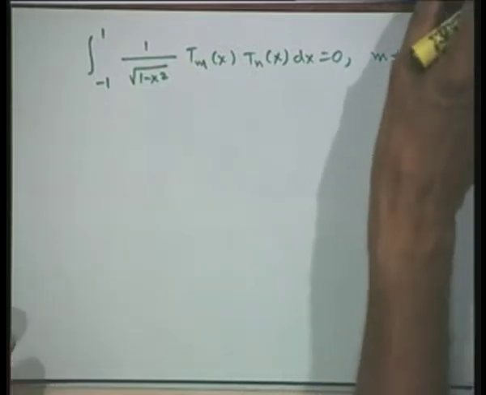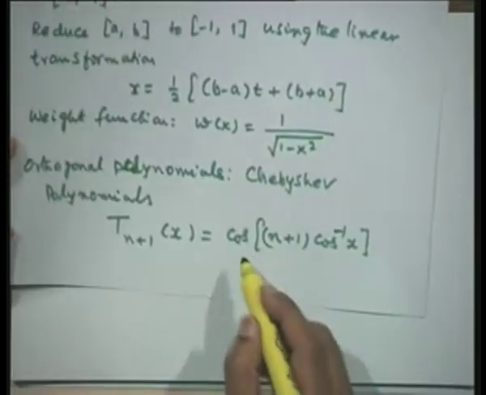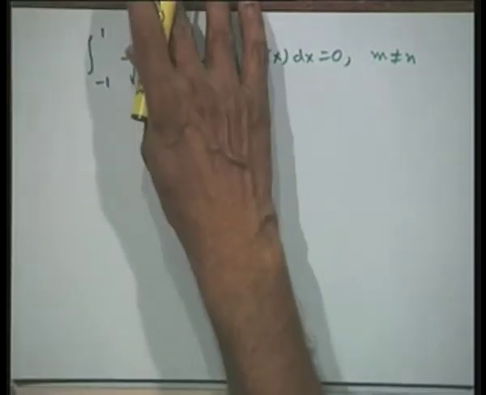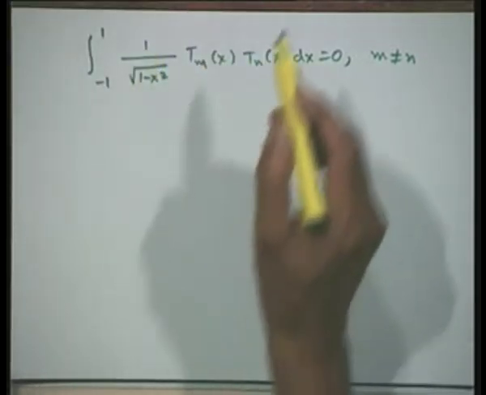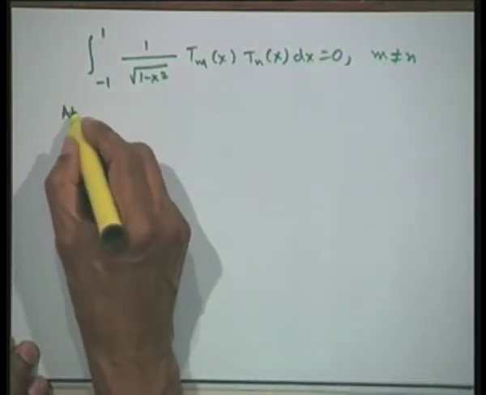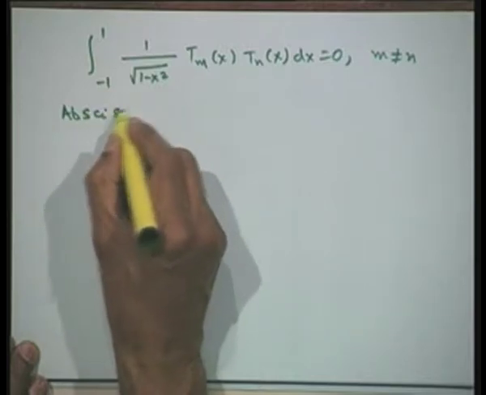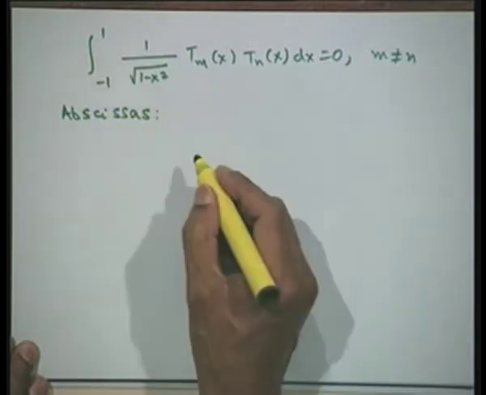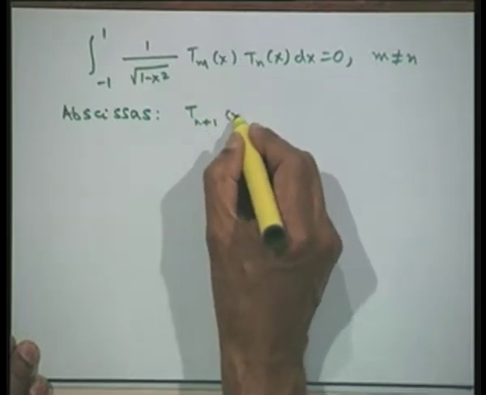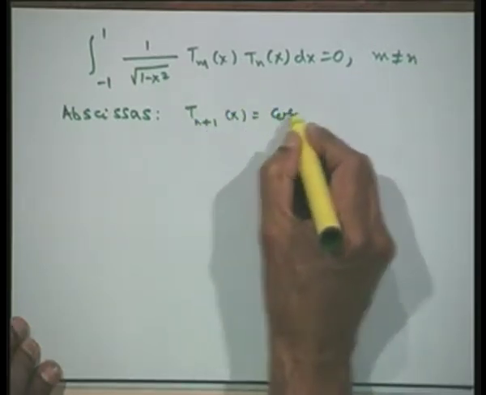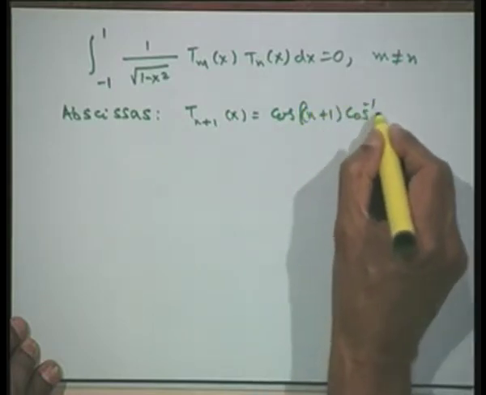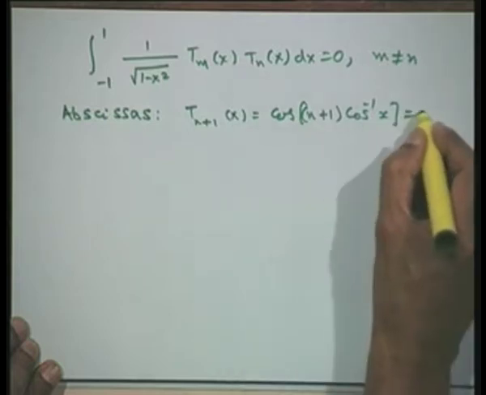Now, once we have fixed our weight function and the corresponding Chebyshev polynomials, the remaining part is quite straightforward, in that we have to pick out our abscissas and weights and then write down the formula. So, let us write down what will be the abscissas in this case. Abscissas are obtained by setting T n plus 1 of x equal to 0. So, I can put cos of (n plus 1) cos inverse x equal to 0.